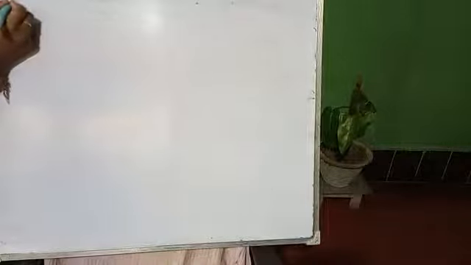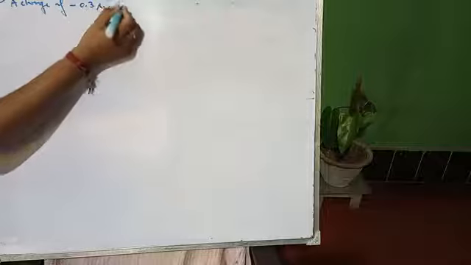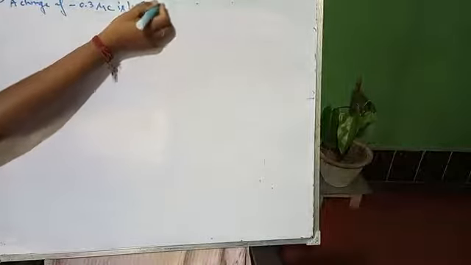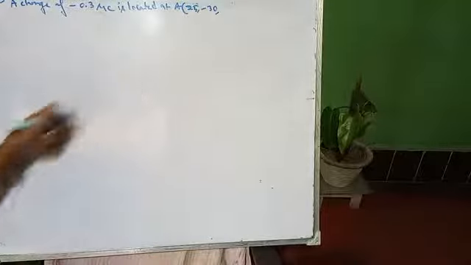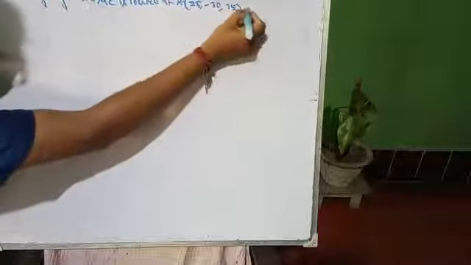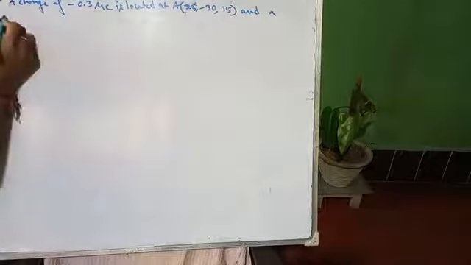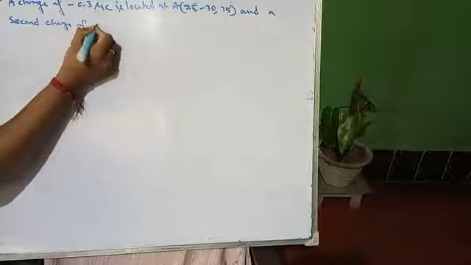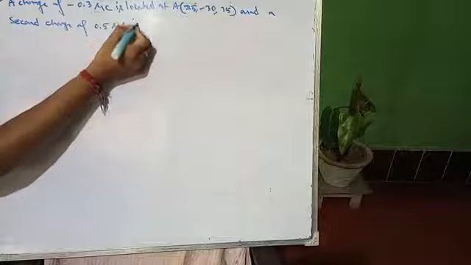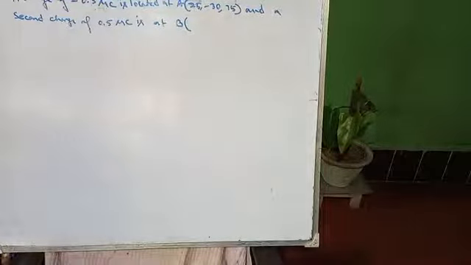Problem number 4. A charge of minus 0.3 microcoulomb is located at A (25, minus 30, 15), and a second charge of 0.5 microcoulomb is at B. The coordinate of B is minus 10, 8, 12.